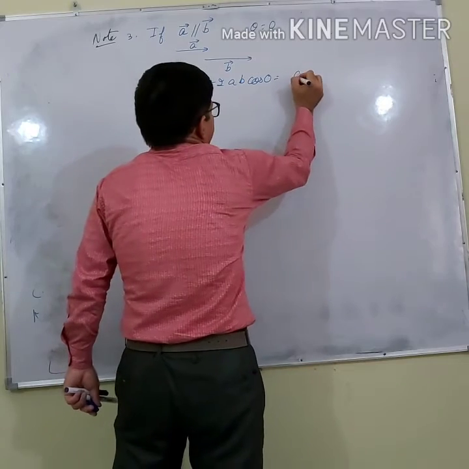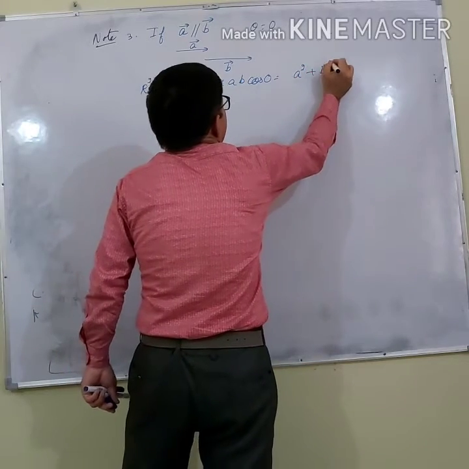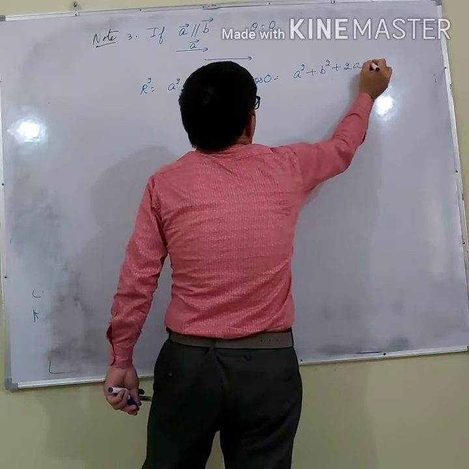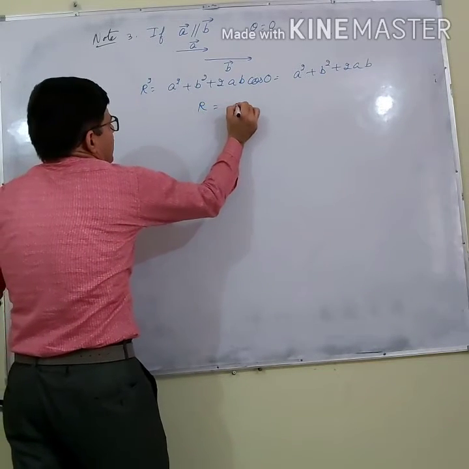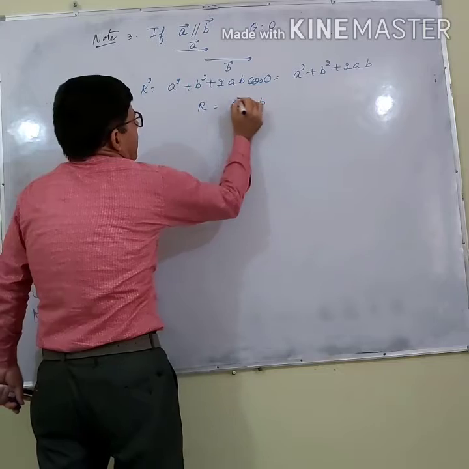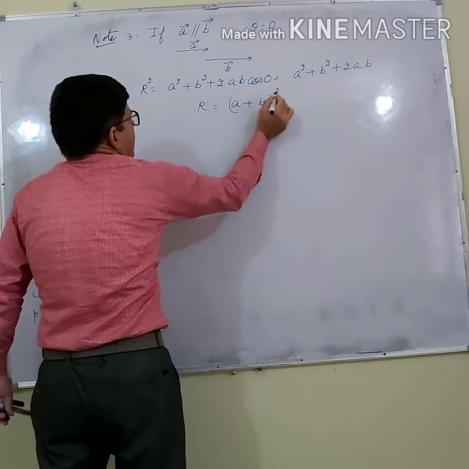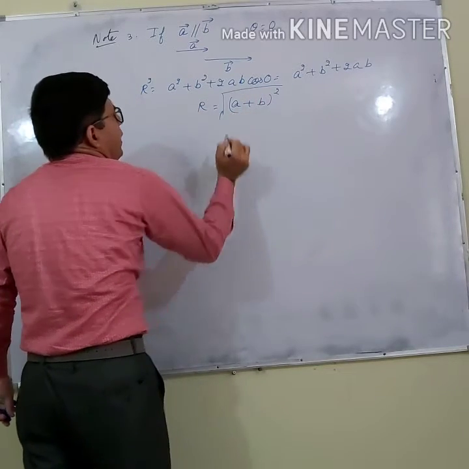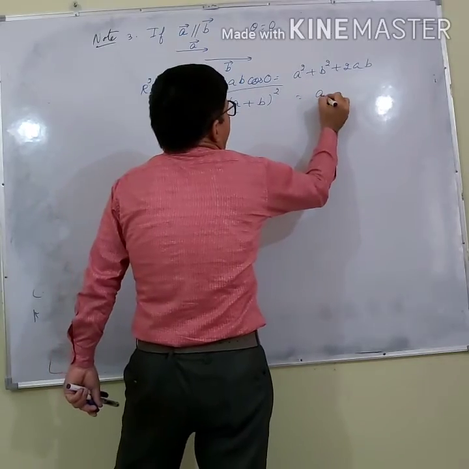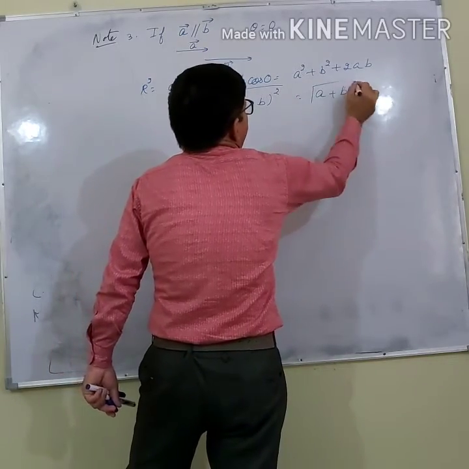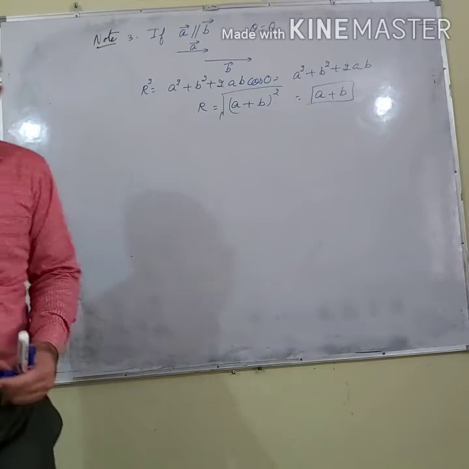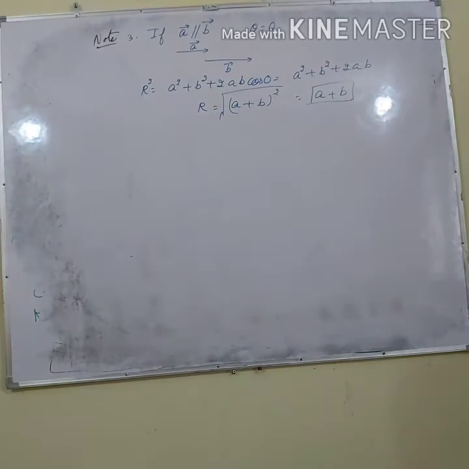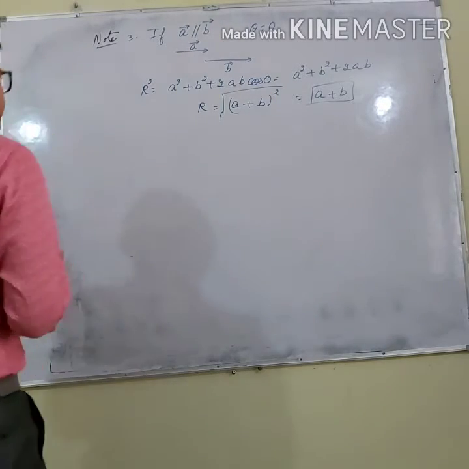So A square plus B square plus 2AB, so R equals the square root of (A plus B) whole square. So R equals A plus B. It means if two vectors are in the same direction, then they are simply added.